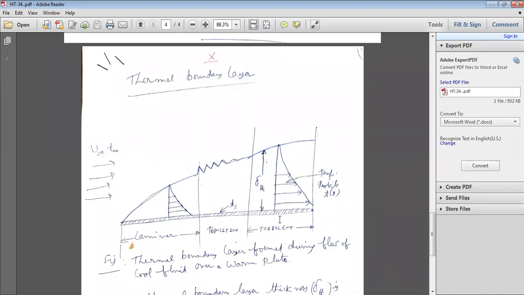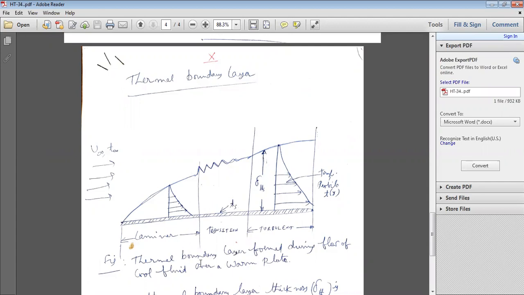So this is a flat plate and fluid is flowing with a velocity u free stream, and at the same time T free stream is the temperature of the fluid, and we are heating. Whenever heat is there, there will be a temperature on the surface of the plate. Ts is the surface temperature, x equal to 0 here, x equal to L here.